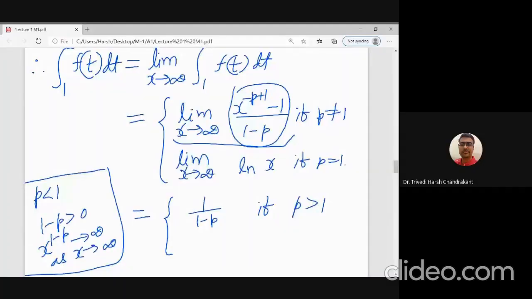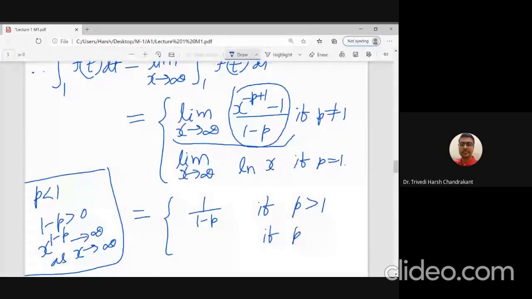So therefore for p less than 1 also it diverges, so that case will come here. So for p equal to 1 it diverges, and for p less than 1 it also diverges. So in both the cases the integral diverges.